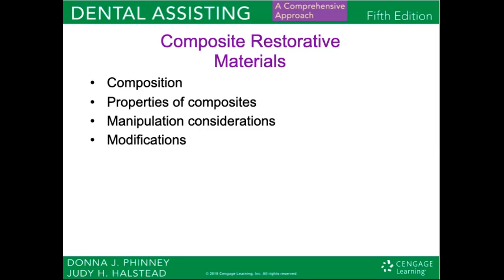Microfill composites are used for class 3 and class 5 restorations, where there's not a lot of stress load required of the composites. There's also a type of composites called hybrid that are stronger and less likely to fracture. They're used in the anterior and posterior in the mouth. Just to be clear on hybrid composites, they can be used in both anterior and posterior.